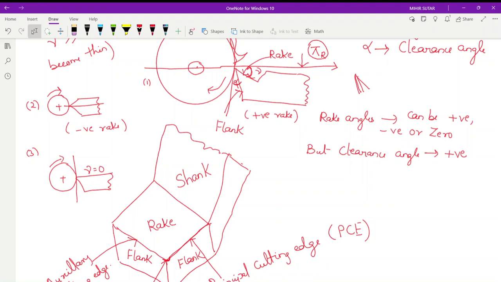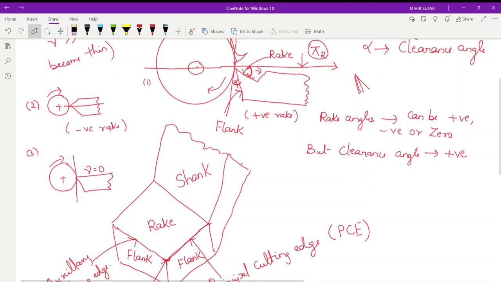They have to be cleaned from the surface, otherwise they will stick to the machined surface and retard its finish. But when the rake angle is zero, it obstructs the movement of chip flow and causes build-up edge formation. Build-up edge formation means the chip will be sticking to the machined surface, so that is not at all desirable.